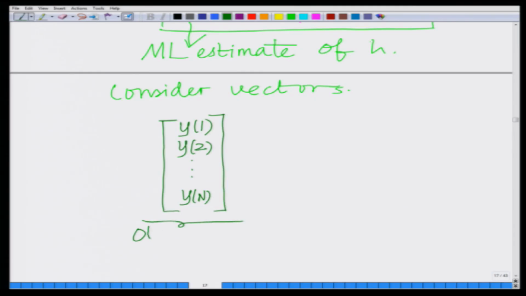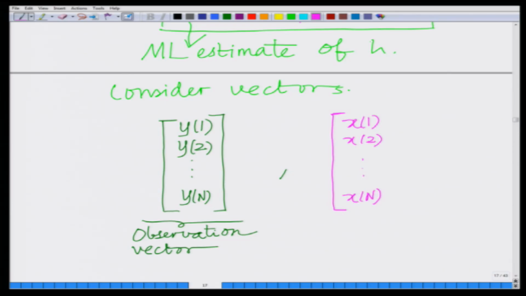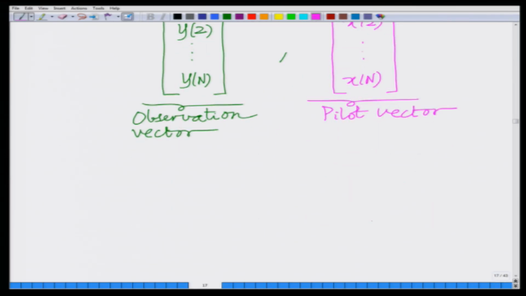This is the observation vector, if you remember from the previous module. Now similarly, let us define a pilot vector. This is the vector of pilot symbols.